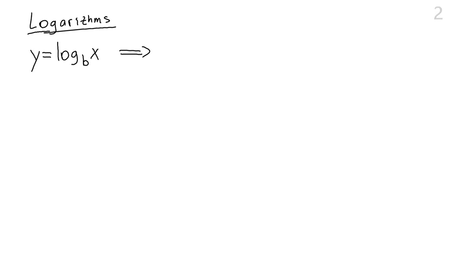Next, we're going to look at logarithms. So a logarithm is another way of expressing an exponential. Recall that a logarithm, y equals log base b of x, is the same as saying b to the power of y equals x.